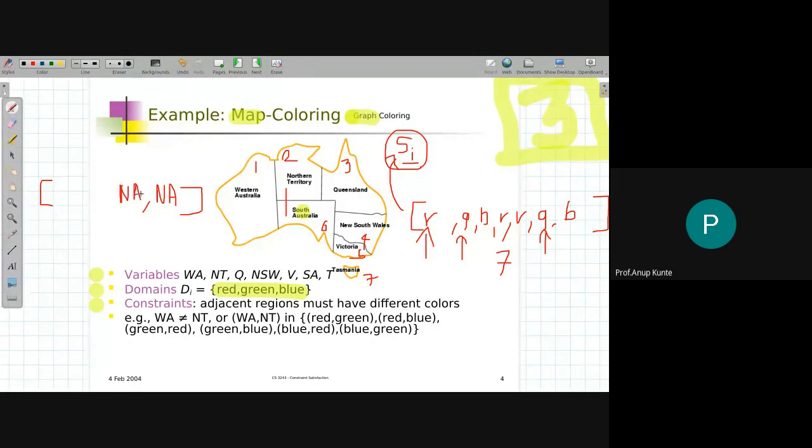For instance, these two variables in this assignment are not having any values. R, G, B, 3 is there, 4, 5, and maybe the 7th region is R. If I see this particular assignment, you'll find that it is incomplete because two of the variables that define your state are not having any instance value.